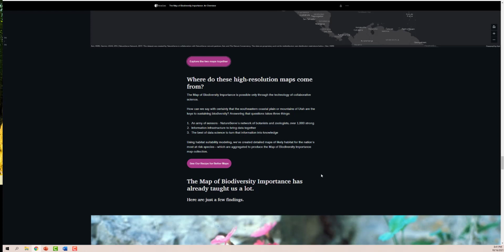So it's using habitat suitability modeling as well, and these detailed maps of likely habitat are based on the most at-risk species. Where are they found? Where do they prefer to be found? And it aggregates that to produce a map of biodiversity. Okay.